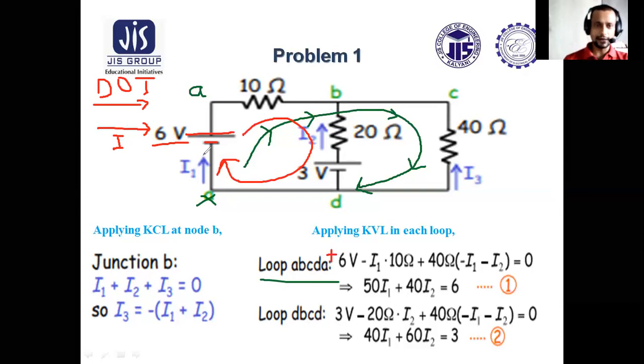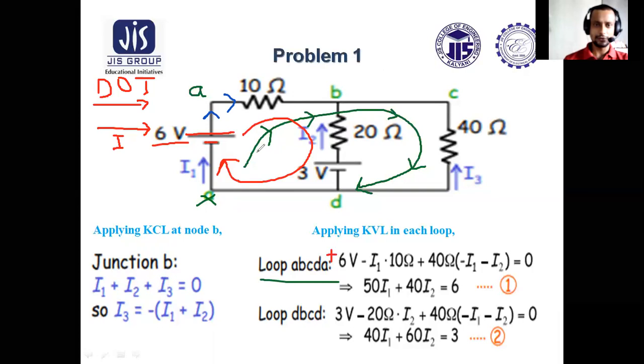So based on that fact, I1 current is flowing in this direction. So through 10 ohm, I1 current is flowing in this direction.